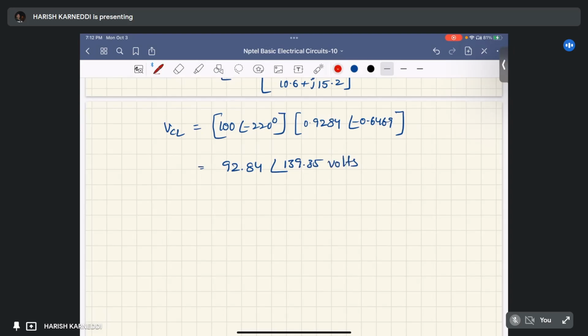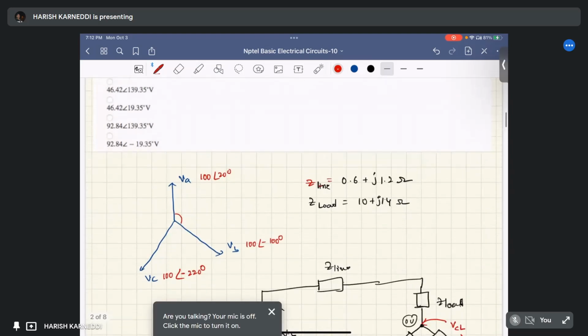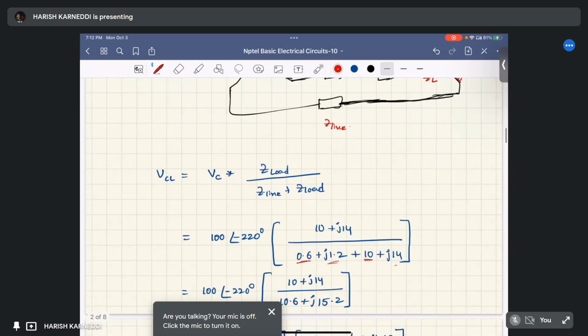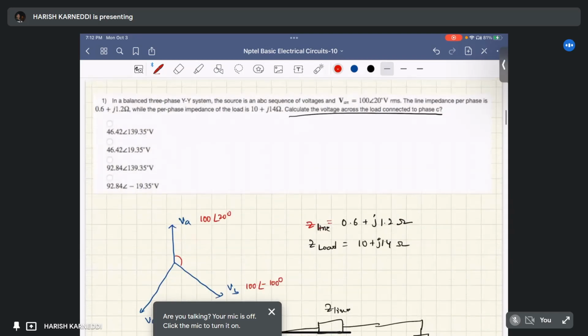This is the voltage across the load C, which is 92.84 at an angle of 139.35, right? This is option C.